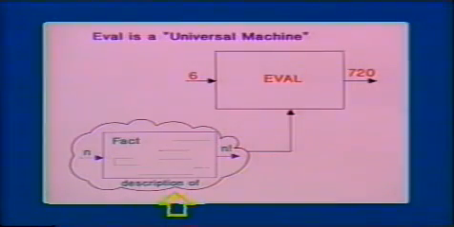It could take the wiring diagram of the factorial machine as input. Having done so, it becomes a simulator for the factorial machine such that if you put a 6 in, out comes a 720. That's a very remarkable sort of machine. And the most amazing part of it is that it fits on a blackboard.